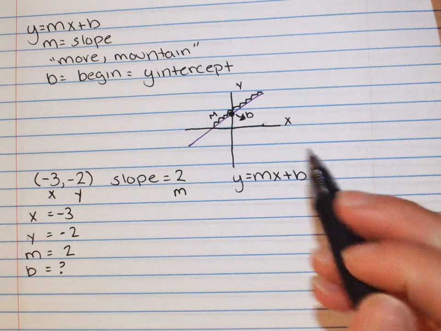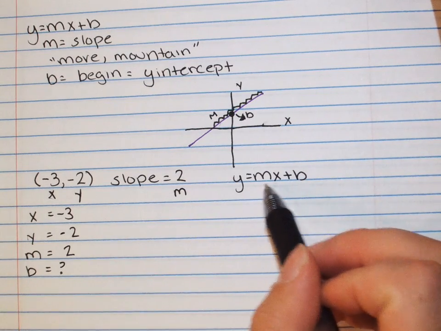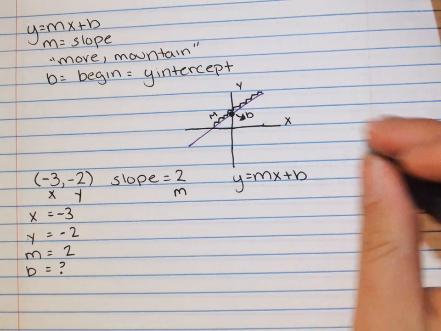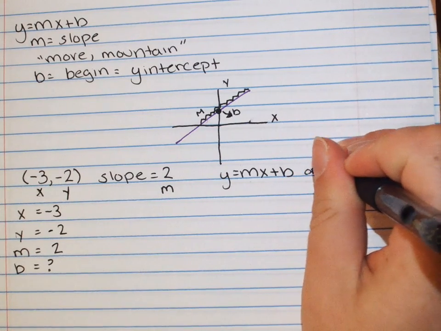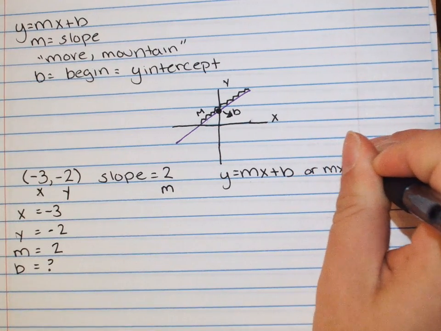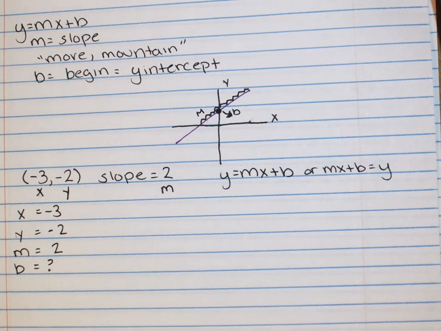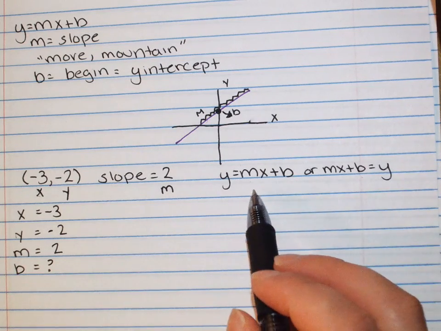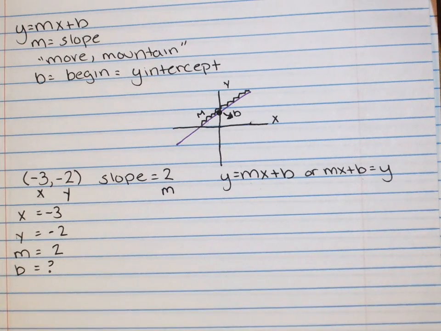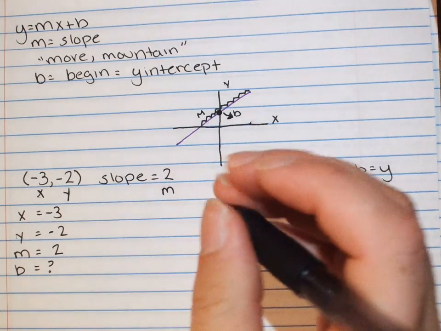Now, I'm also going to tell you, see how it says y equals mx plus b? You can also write it like this. mx plus b equals y. They mean the same thing. Sometimes people think this is easier to look at than this is. So let's fill in our information.